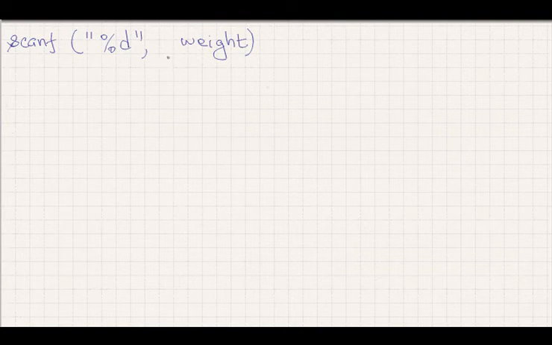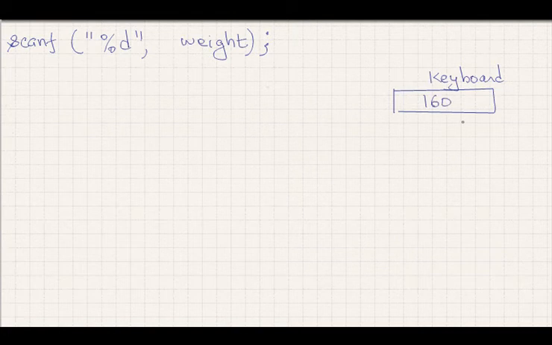Let's pretend this is the statement, and we are going to ask the user to enter from the keyboard the value for the weight variable, right? So this is the keyboard. The user enters say 160 pounds, right? 160.